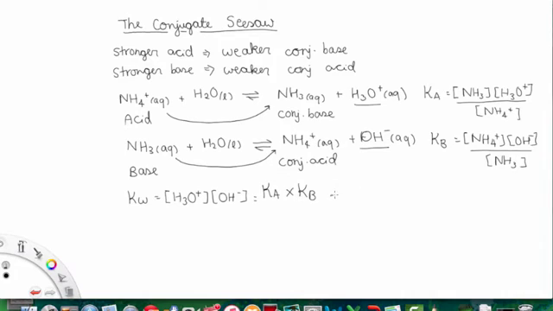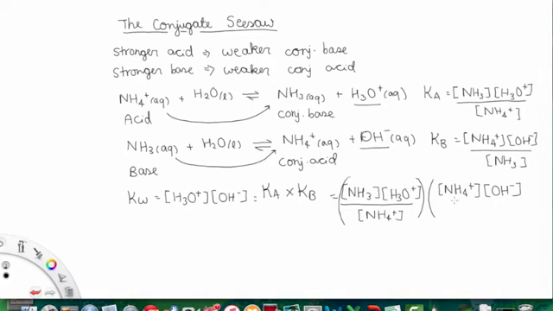Let's write it out. Ka is NH3 H3O+ over NH4+, multiplied by the Kb, which is NH4+ OH- over NH3.